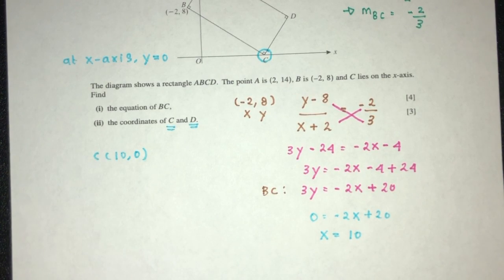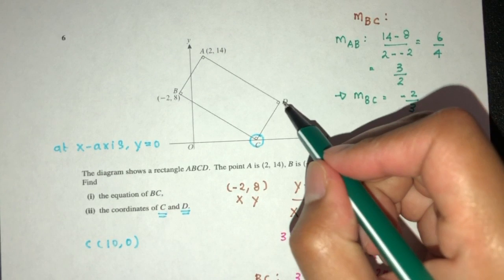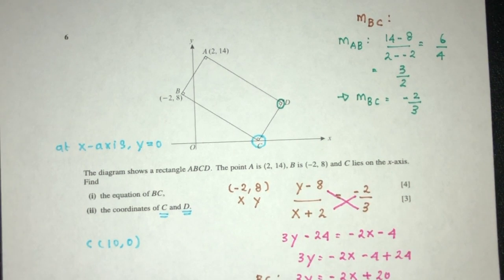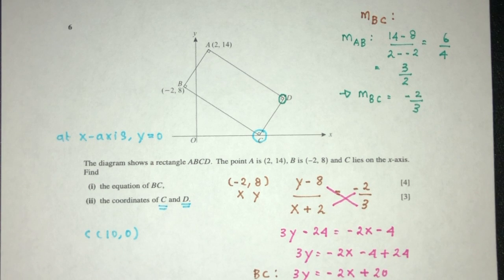Now we have to find the point D. How would you find the point D? Okay, so there's actually a few ways. Depends what we want to use here. So we can actually go the usual way, that is what we usually do anyways.